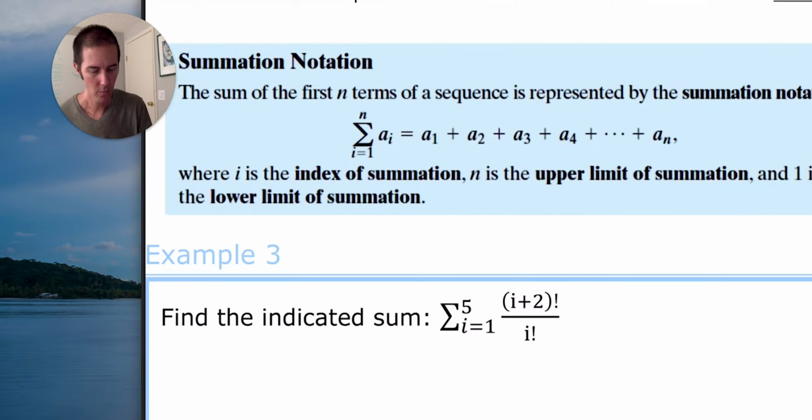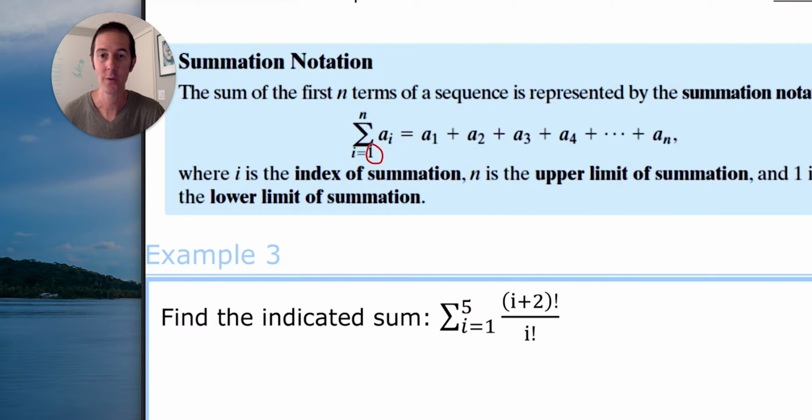And the i value that you're seeing in this formula, that's called the index of summation. n, whatever the number is that's written up here, is called the upper limit of your summation. And we're being told that our i value is going to start at 1, and that's the lower limit of summation.